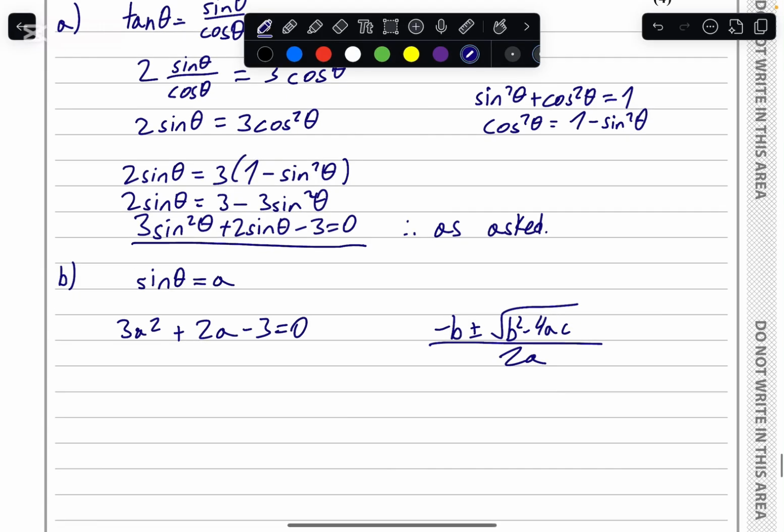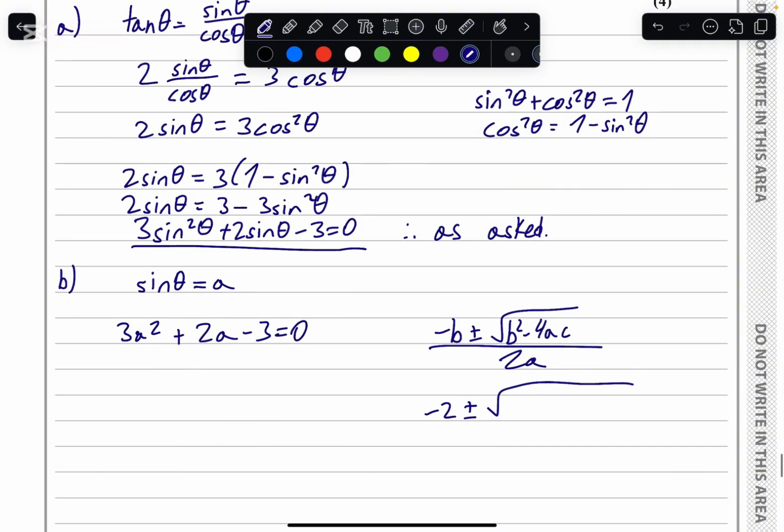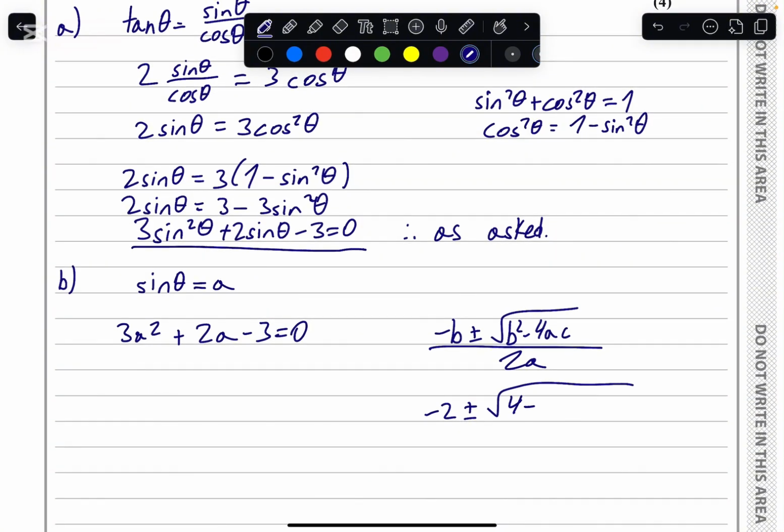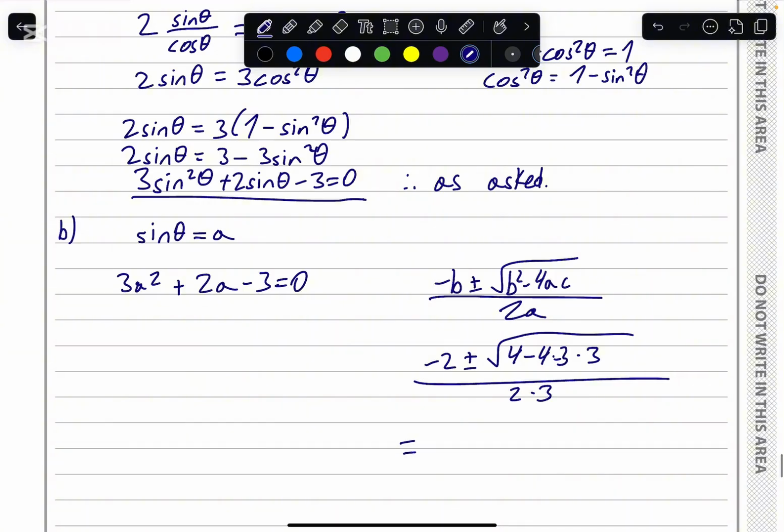Putting in the values that we have, we get minus 2 plus minus square root of 4 minus 4 times minus 3 times 3 over 2 times 3. We get minus 2 plus minus square root of 40 over 6.